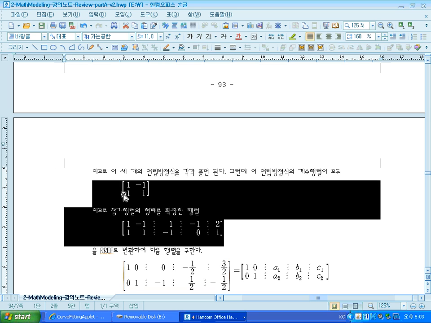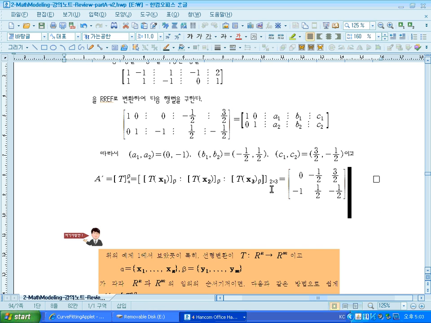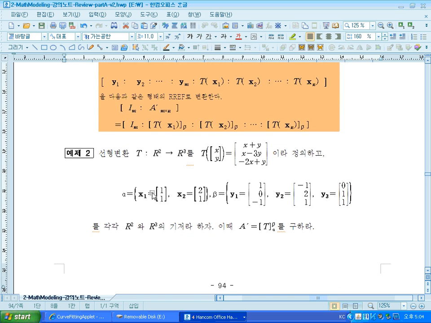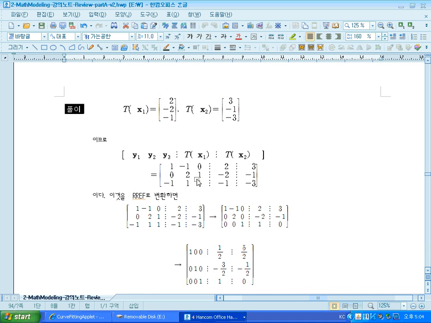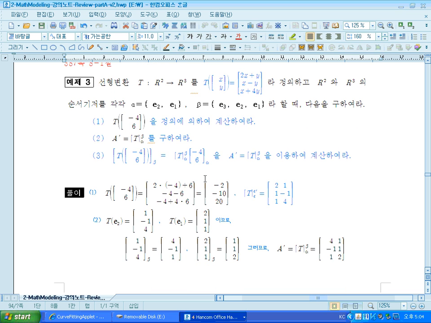So if you know how to solve the linear system of equations, then this mathematical modeling of the given problem of finding the matrix representation of the linear transformation can be done. Okay? So you should be able to do it. Here the example shows how this exact computation can be done.